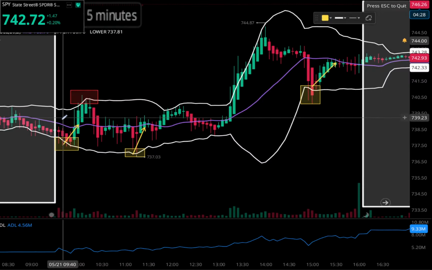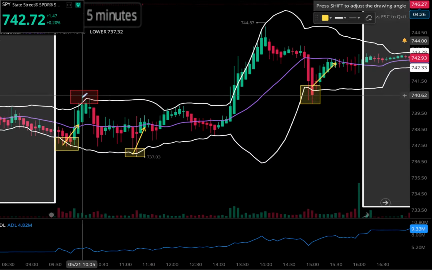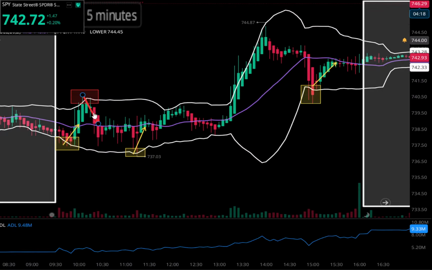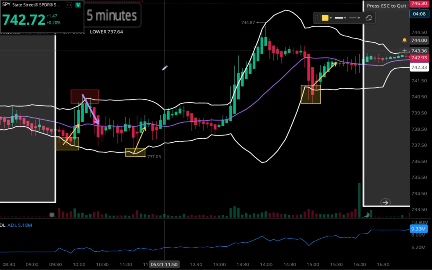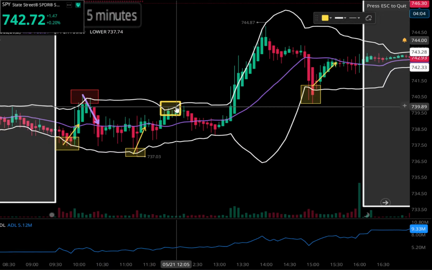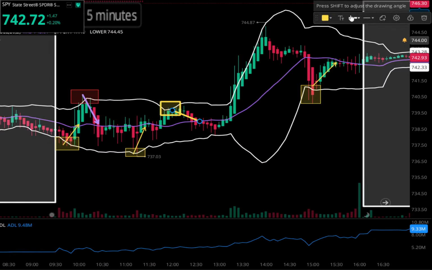So from the top of the upper Bollinger, we see that we get our 20 mile. Very consistent trade there. We're going to make this arrow, I don't like that, it's hard to see. We'll make it light purple. From the upper Bollinger to the 20 mile.